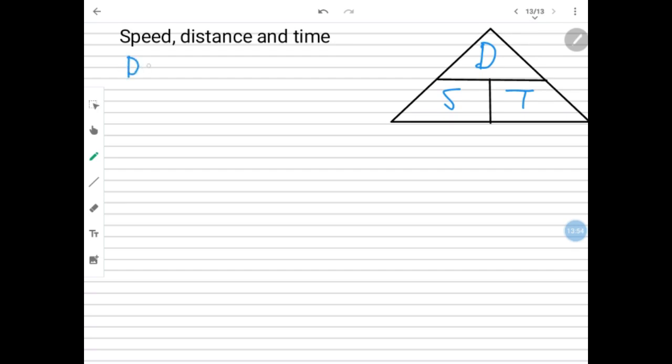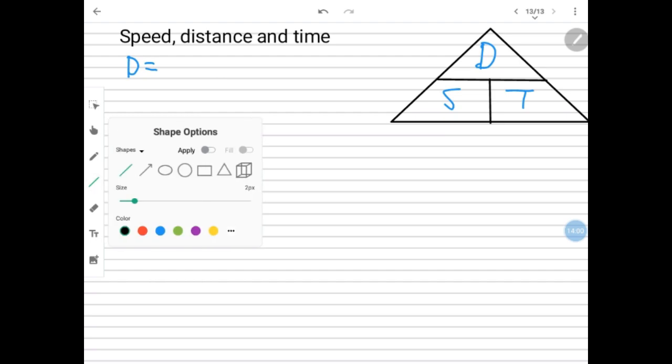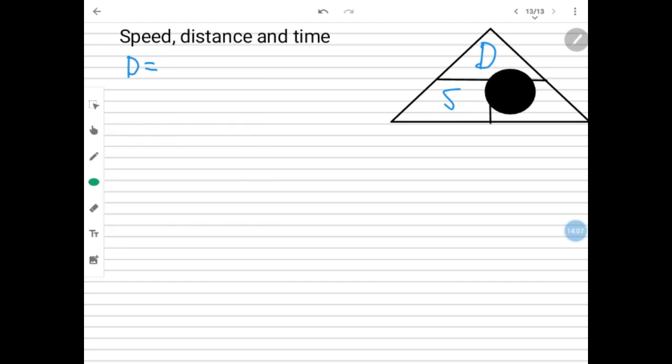For distance, let's do this, in order to get those formulas. So, let's see if this works. Right, let's use this one to cover up. If you're looking for distance, you cover distance with your hand or with a pencil or your ruler or something.